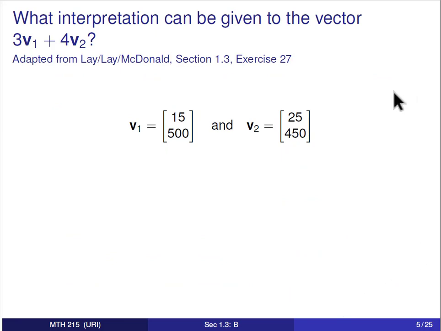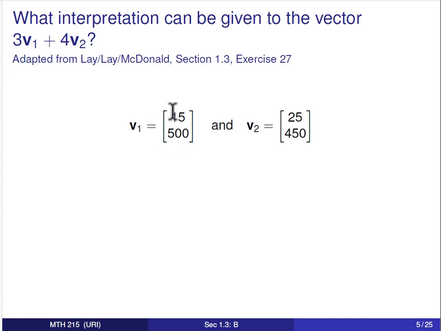What interpretation can be given to the vector 3 times v1 plus 4 times v2? Now, as we talked about in the last video, 3v1 is the vector you would get by multiplying both the coordinates in v1 by 3. 4v2 is what you would get by multiplying both coordinates by 4, and then their sum just comes from adding together the corresponding entries. Now, if v1 is the amount of copper and silver produced each day by mine 1, 3v1, it stands to reason, should be the amount of copper and silver produced over 3 days.